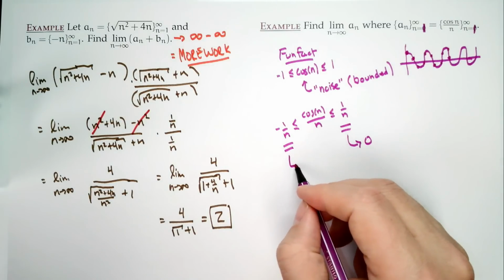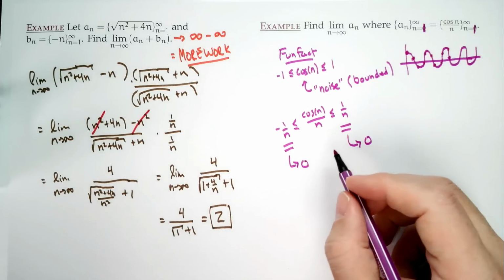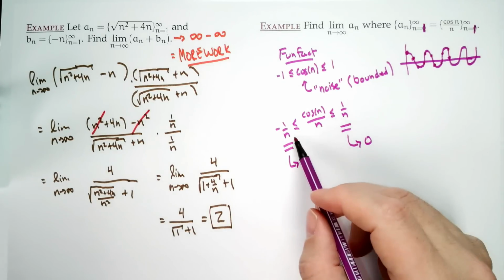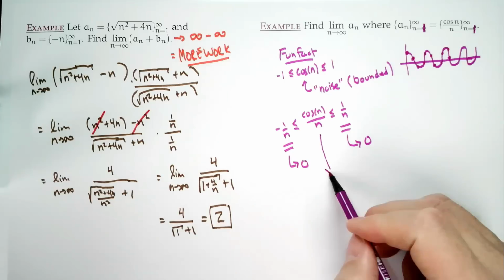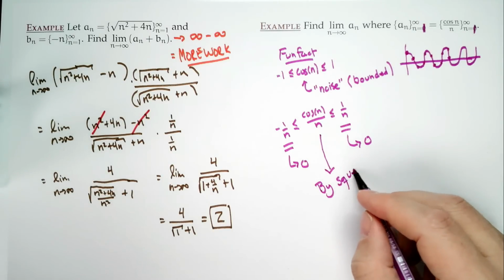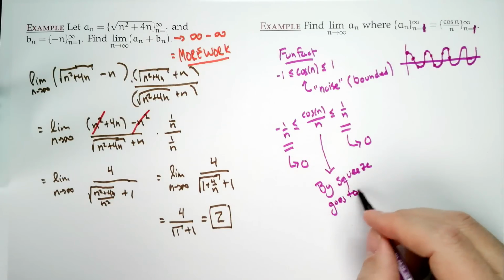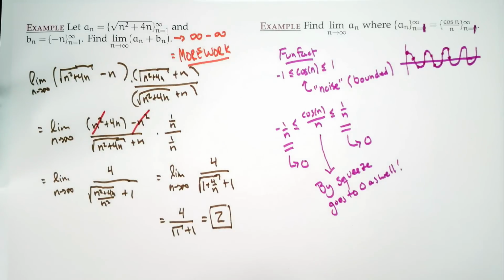So the negative of that would go to -0, but we still call that 0. So this is below something going to 0. It's above something going to 0. So what's the conclusion in the middle? Well, by the squeeze theorem, we can say that this goes to 0 as well. All right. So there we go. It also goes to 0.